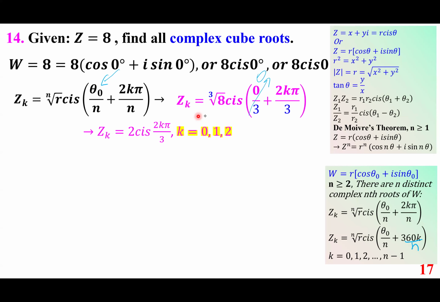So z sub 0, let's replace the k with 0. We get 2 cis 0. With 1, we get 2 pi over 3. With 2, we get 2 times 2, 4 pi over 3. So replace the k with those numbers.